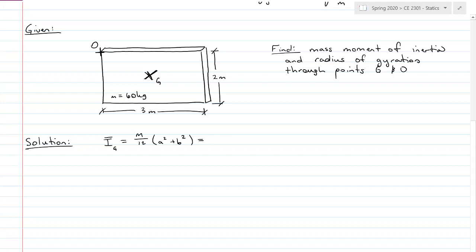Isn't that fun when I don't give you all the information? No, it's not, but there it is. We're good. 60 kilograms divided by 12 times a squared, which is 3 meters squared, plus b squared, 2 meters squared. And that gives us a mass moment of inertia about the mass center of 65 kilogram meters squared.